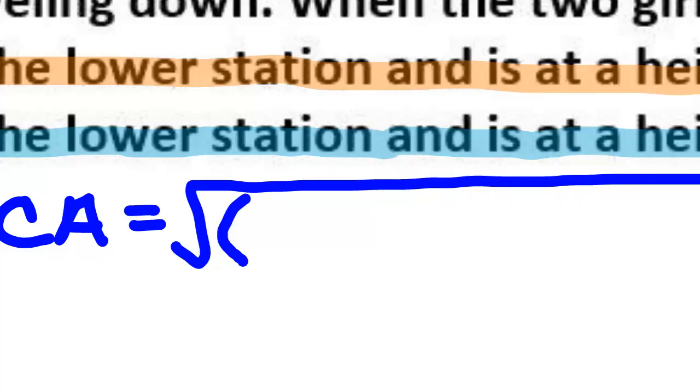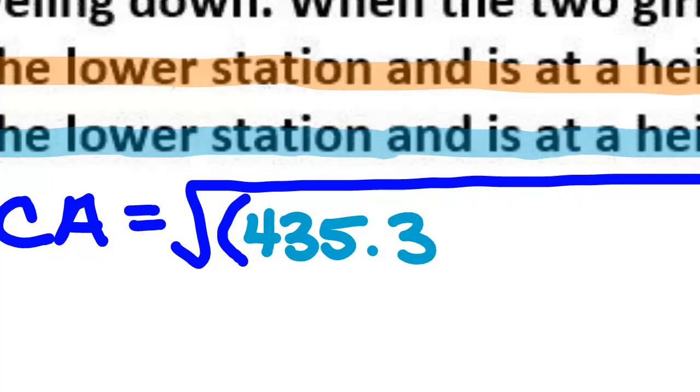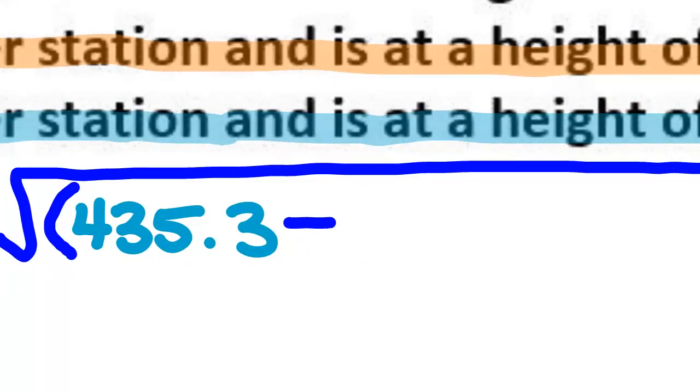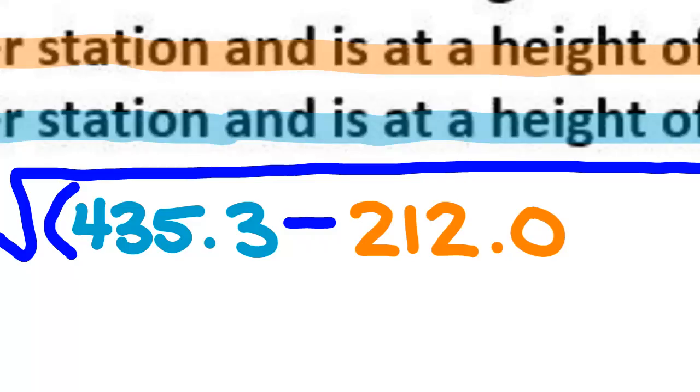What is our x2? 435.3. So 435.3 minus my x1, which is 212. Close my parentheses and square that.